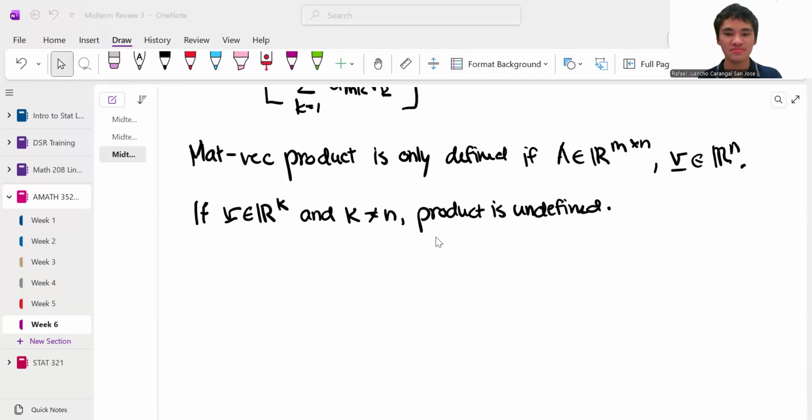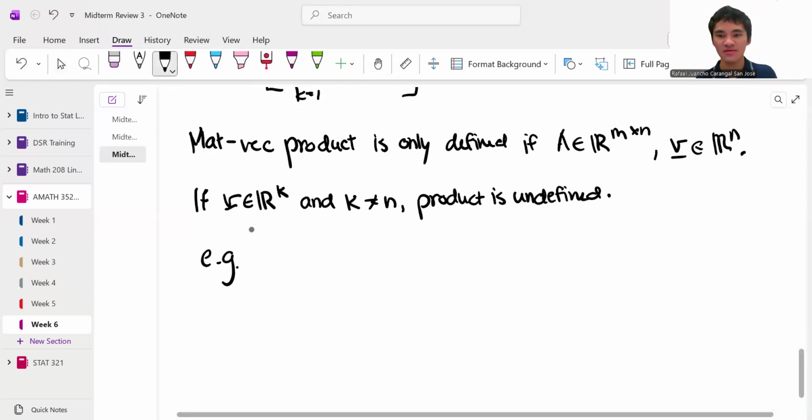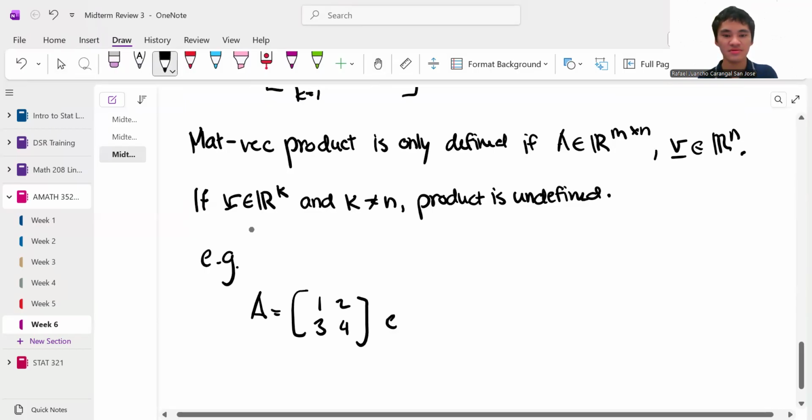Is there a way to do this? Okay, there's no way here. I'll just give an example. Say we have A to be 1, 2, 3, 4. So this is a 2 by 2.